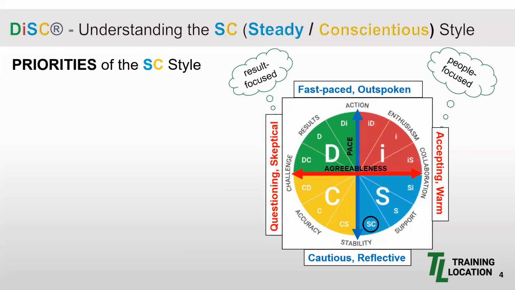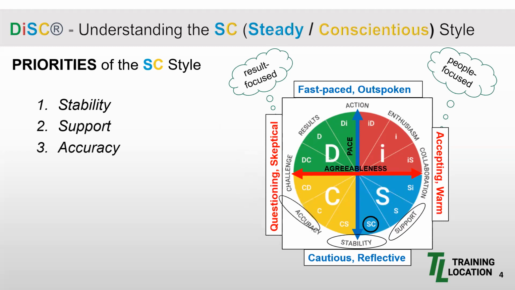The important thing to remember is that when things get foggy, such as when there's stress or uncertainty, we seek these priorities that are associated with our style. Now, the priorities of the SC style, which are shared with the adjacent CS style, are stability, support, and accuracy. Stability means that the SC seeks to attain consistent outcomes.